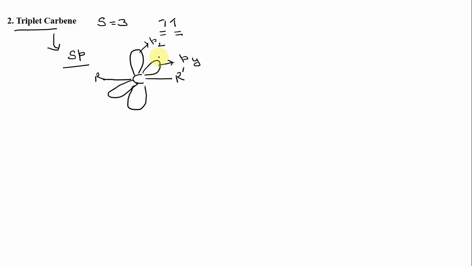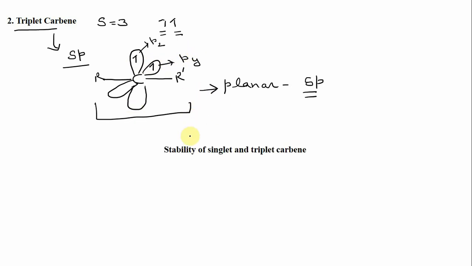And since both of these unhybridized p atomic orbitals have the same energy, each acquires one electron. So in case of triplet carbenes, they have planar geometry with sp hybridization, and both non-bonding electrons are present in unhybridized p atomic orbitals.